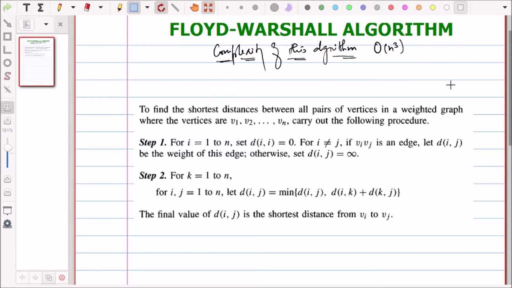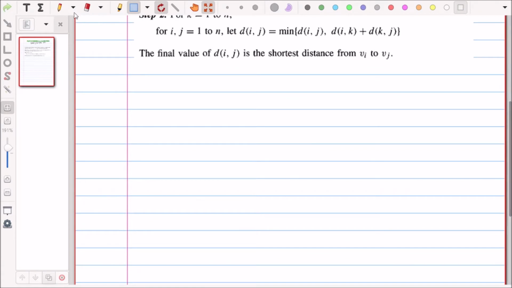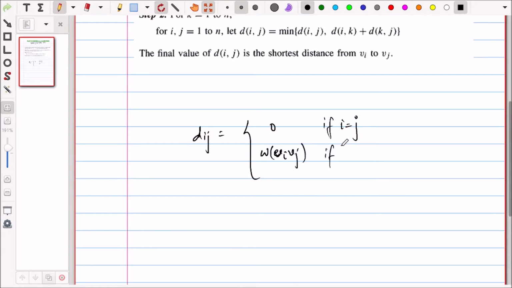So basically we form a matrix where dij is equal to 0 if i is equal to j, equal to the weight of the edge vi vj if vi is adjacent to vj, and third, we take infinity if vi is not adjacent to vj.